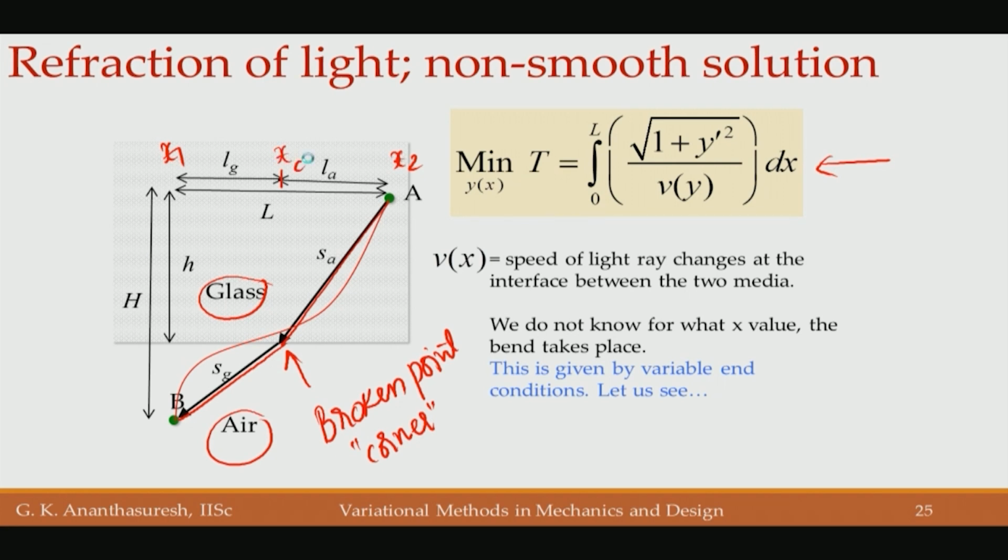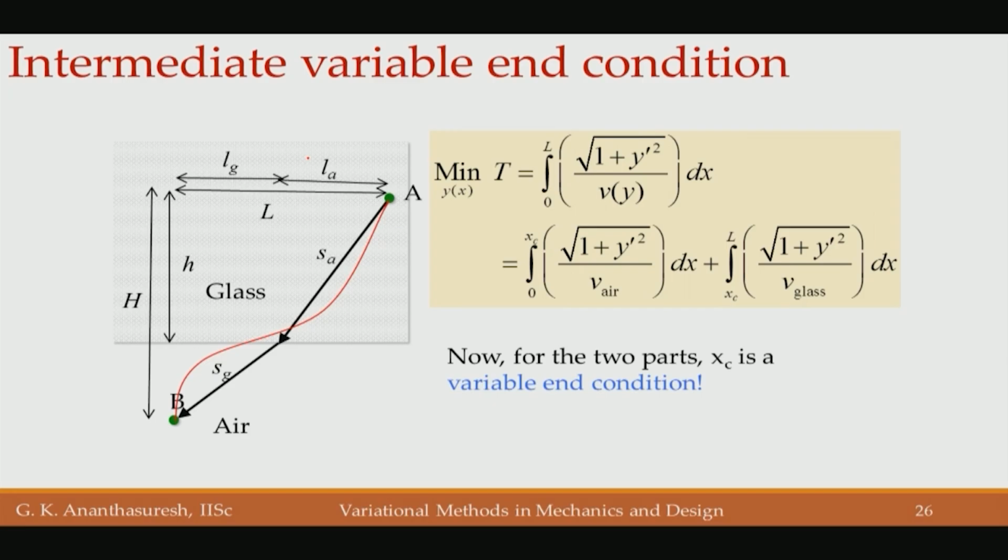At that point we have this condition, that is 0 to xc and then xc to L. So, we have two things here, this is in air and this is in glass. So, we are going from x1 equal to 0, 0 to xc in air, okay, and then xc to L in glass.